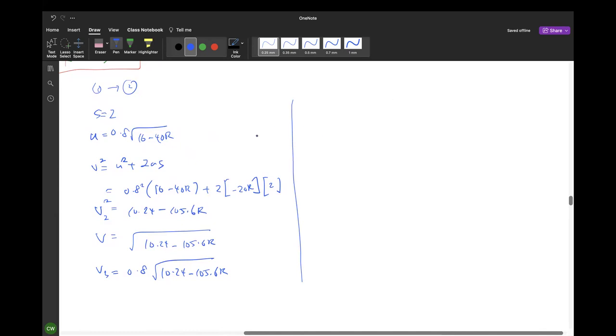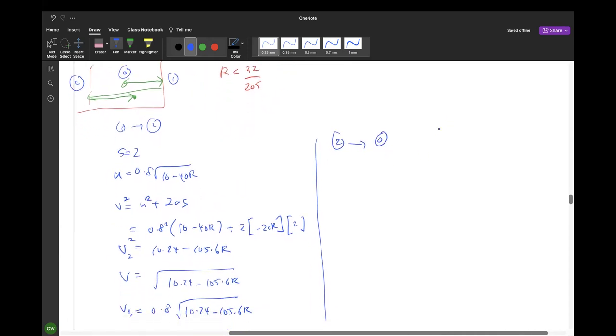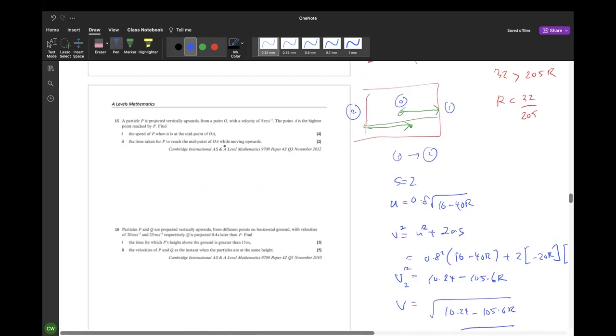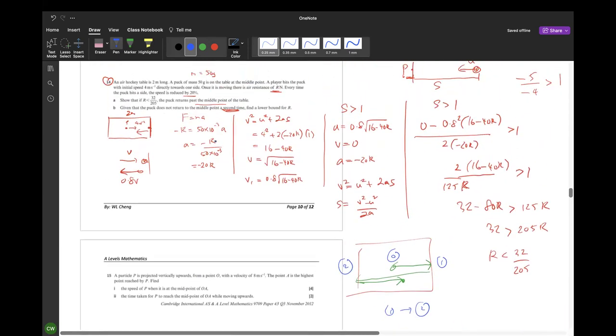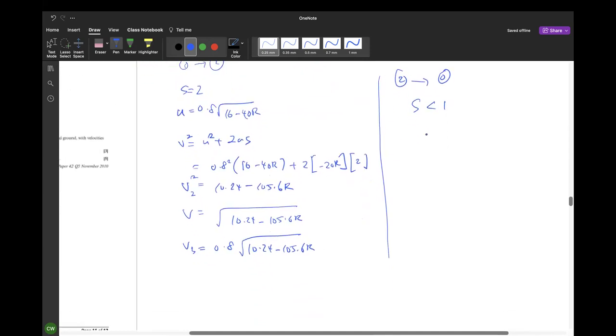That means we have to consider this point back to this point. What is the distance back to the 0 point? Should it be more than 1 or less than 1? Less than 1, because we don't want it to be crossing, right? Can't go back. Cannot return.